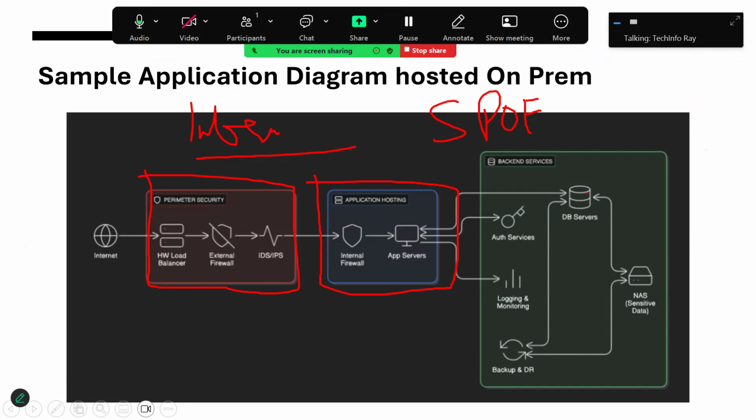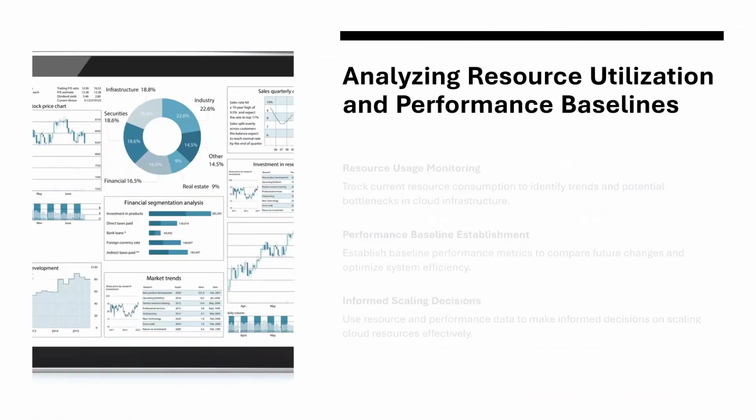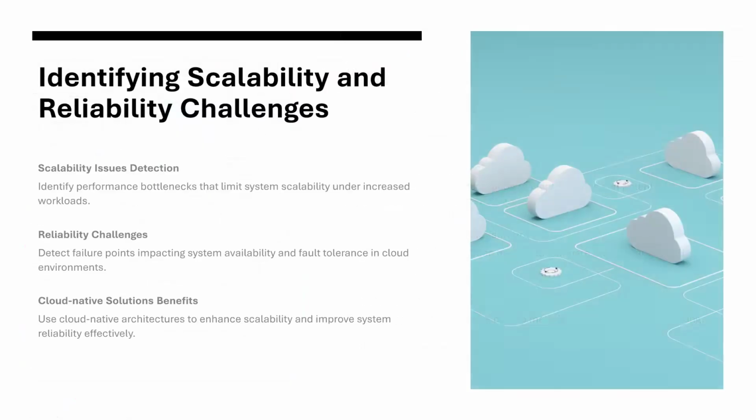For example, if this server goes down, this can impact the whole application. If this server goes down, that is again going to impact the application. So you have to understand the bottlenecks and single points of failure that can impact the application, right? You have to understand all these challenges.